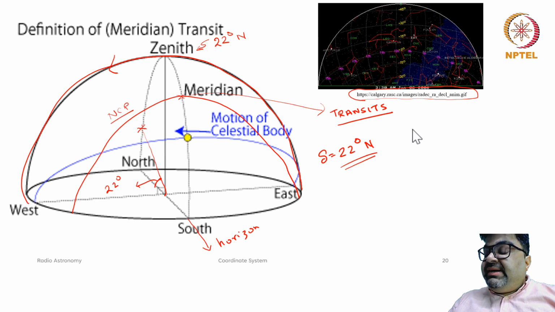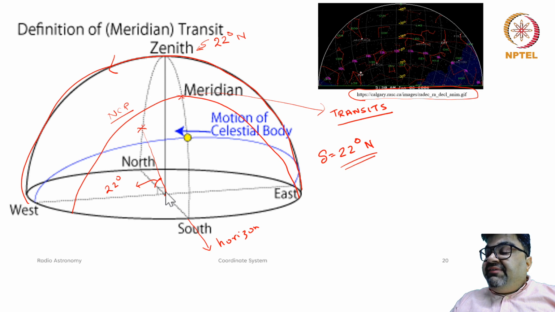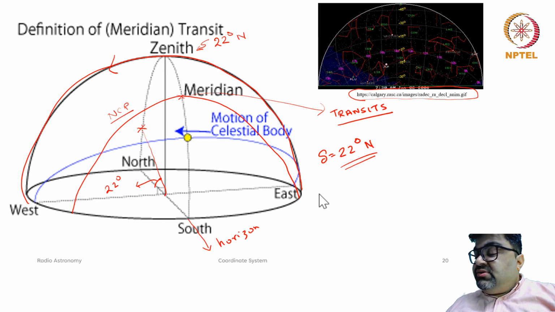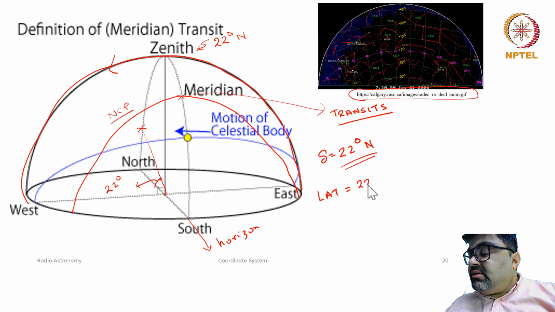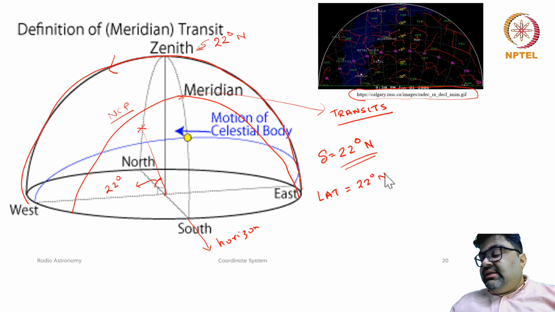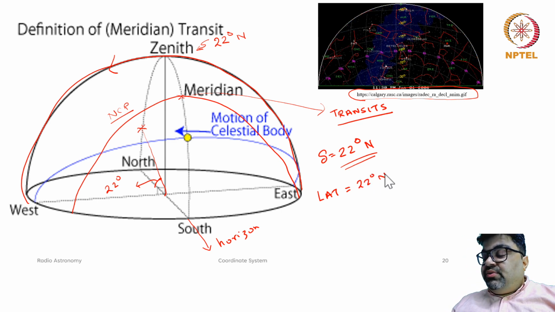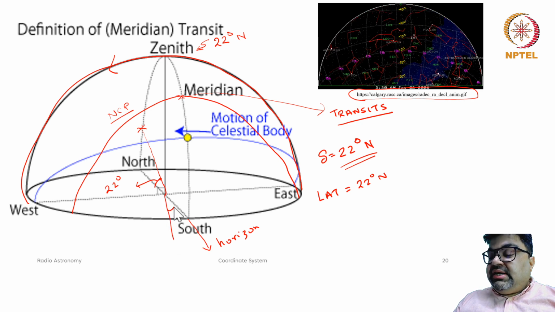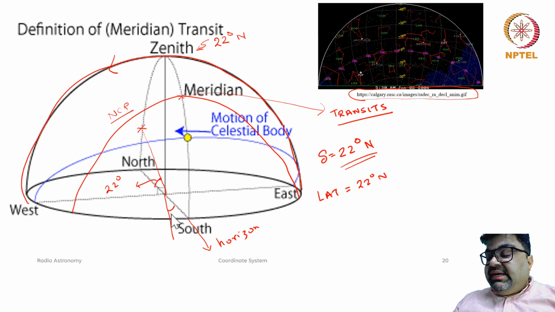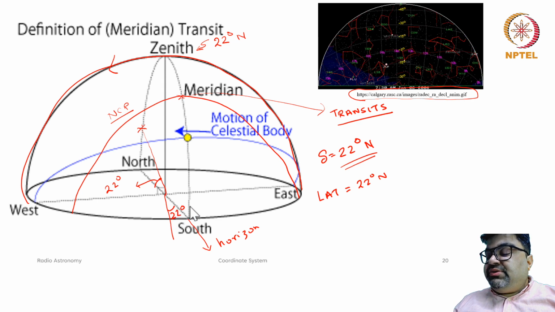So supposedly, if we are at a latitude of 22 degrees north, my south celestial pole will always be below the horizon by about 22 degrees.